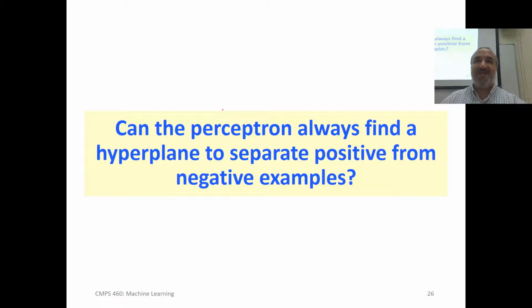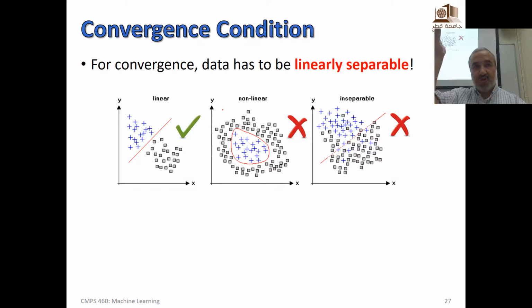What is the condition? If you remember, to find that hyperplane, the positive and negative regions must actually be separate, one on one side and the other on the other side of the hyperplane. That means that we have what we call linearly separable data.